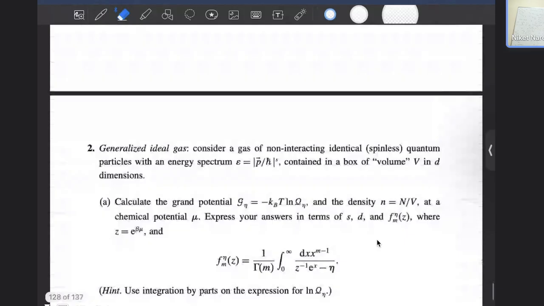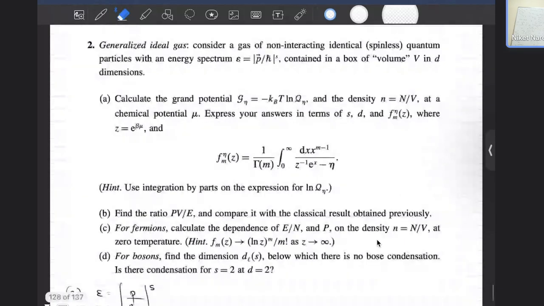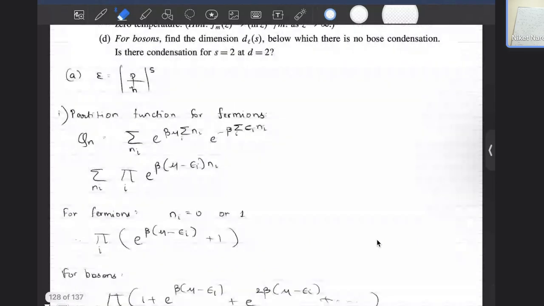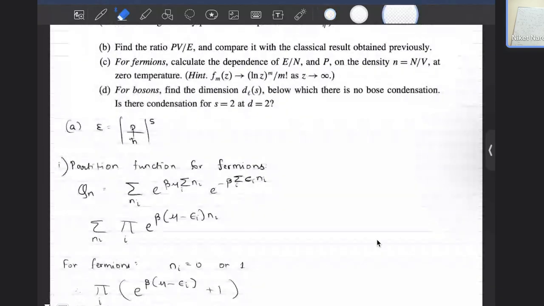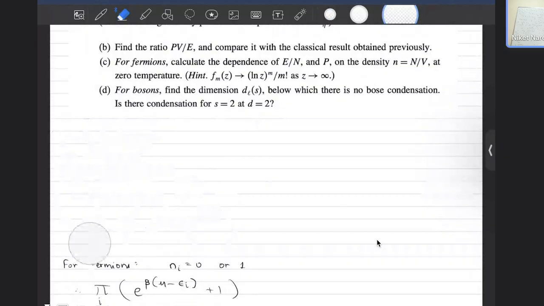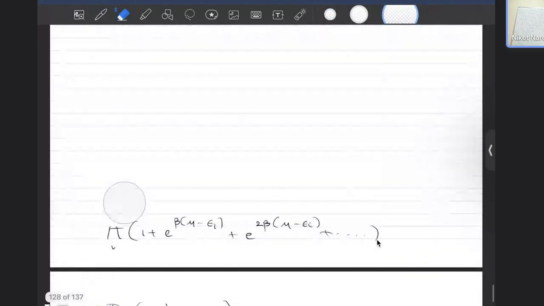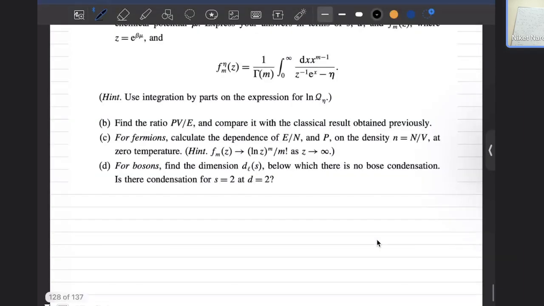Okay. So now let's try a different problem. Okay, I have started solving this. Let's not follow the solution. Let's do our own, right?